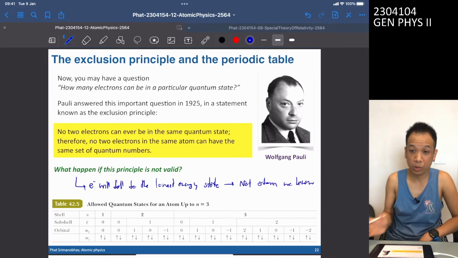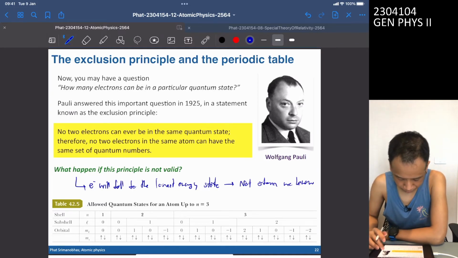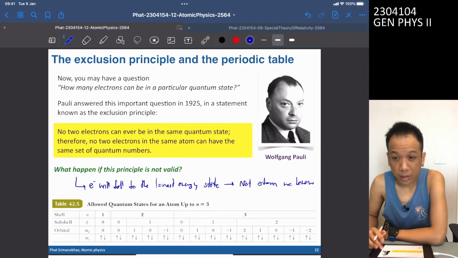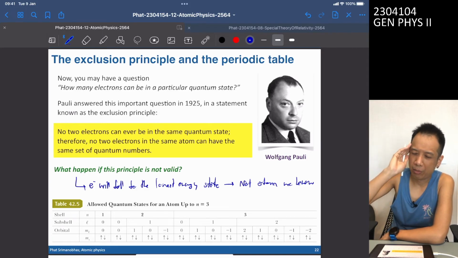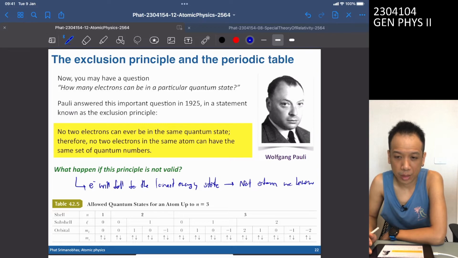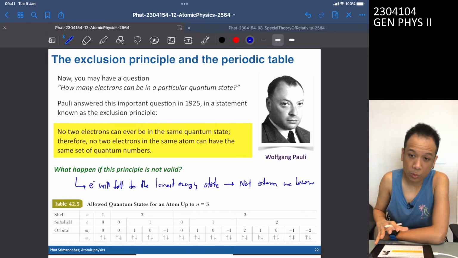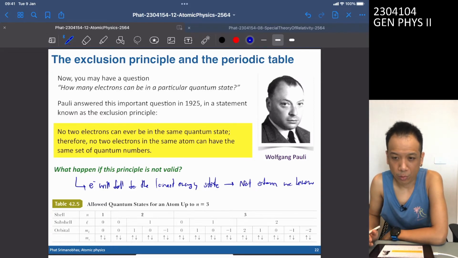At least we confirm it from chemistry. Chemistry came before the quantum theory arrived, so the quantum theory needs to explain why chemistry is that way.